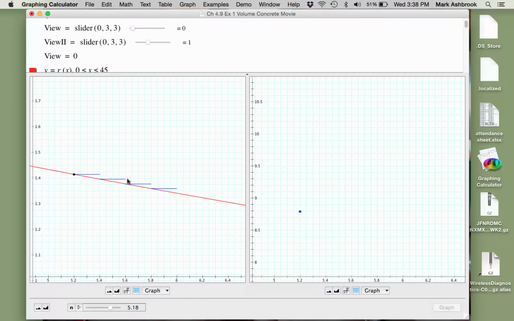Okay, and so then what happens when we do that? Then we have to do what we did before 4 times, one time for each interval of 0.2 seconds.